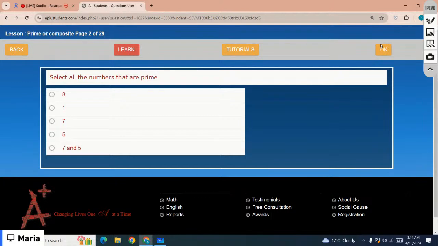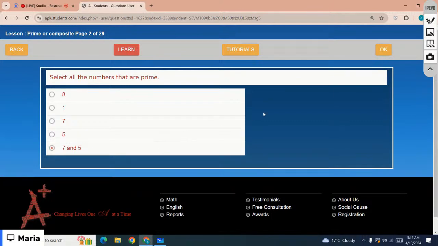Select the numbers that are prime. Which is the correct option? Which numbers are prime? Yes, that is 7 and 5. These are the two numbers that are prime.